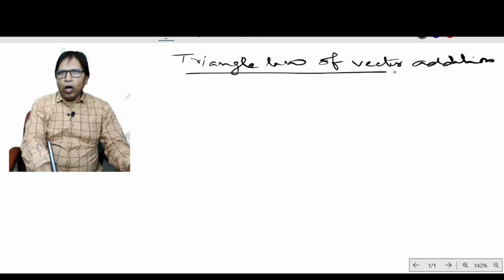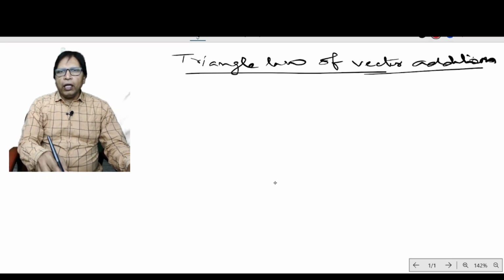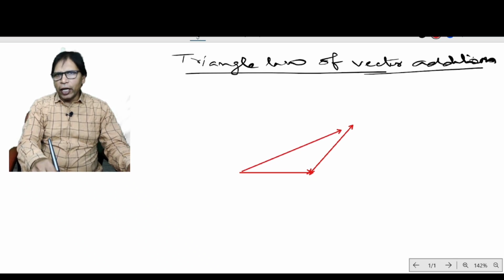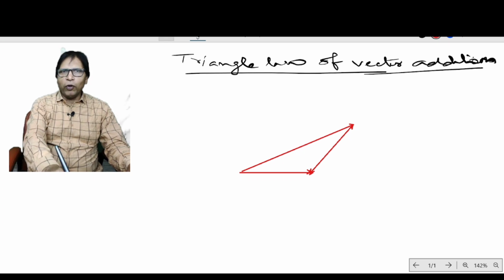Now, triangle law of vector addition. Okay, look at this. If two adjacent sides of a triangle represent two vectors, both in magnitude and direction, then the third side taken in reverse order represents their sum. Look at this.